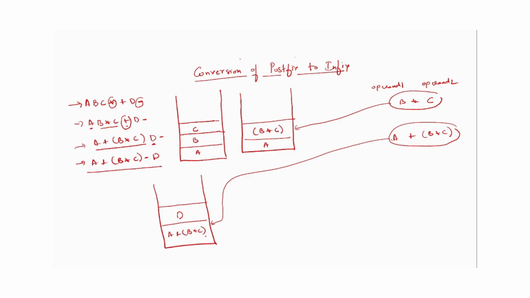As you know, we need to evaluate these. I have already told you that the top of the stack would be your operand 2 and the one below it would be operand 1. So D would be operand 2 and A plus B star C would be my operand 1.